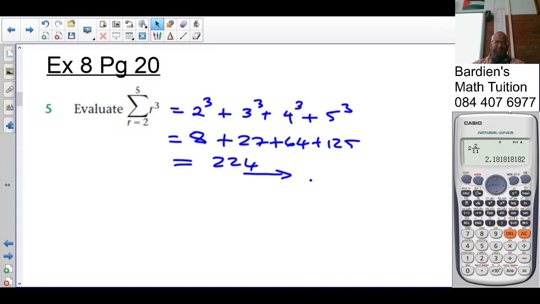Right, so yesterday we dealt with example 1. We did example 1, 2 and 3 yesterday, not so? So now we're going to look at example 4 on page 20. Example 4 on page 20.